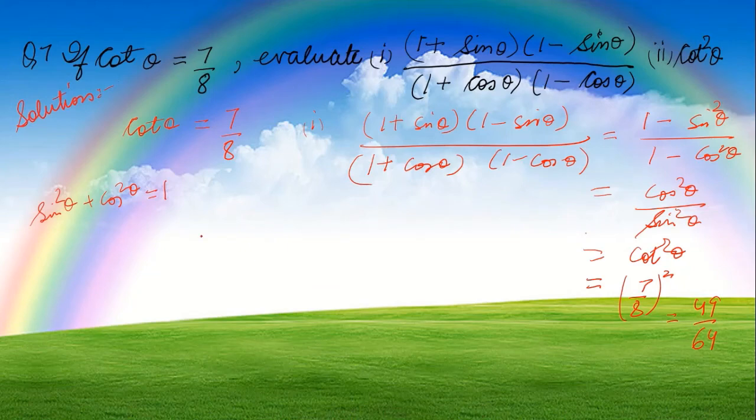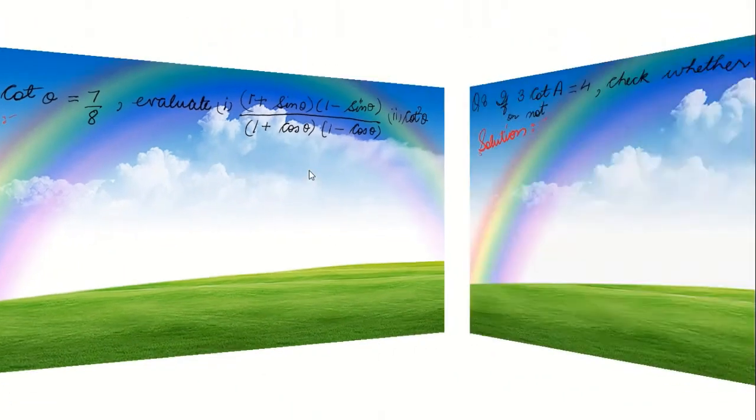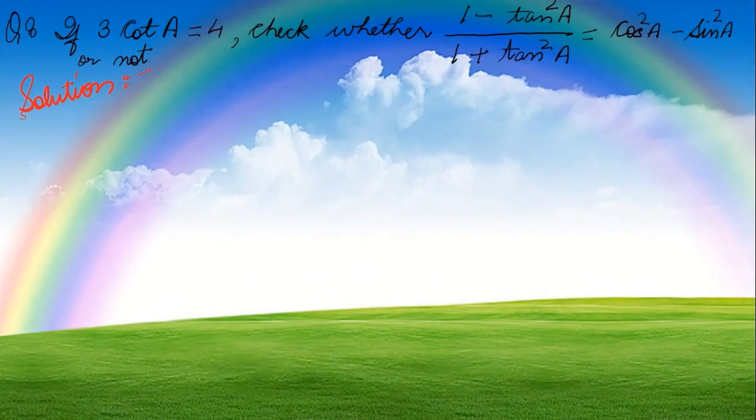So now the second part is cot square theta. So it is same, that is 7 by 8 whole square. So it is 49 by 64. So now question number 8 is 3 cot A equals 4.